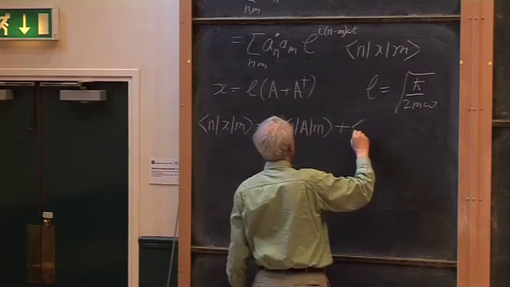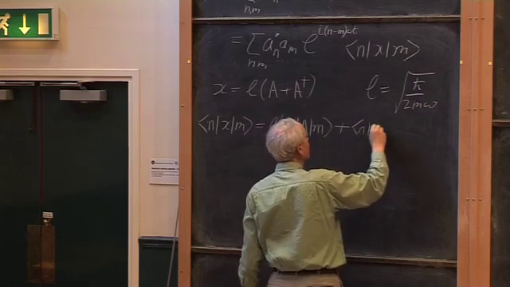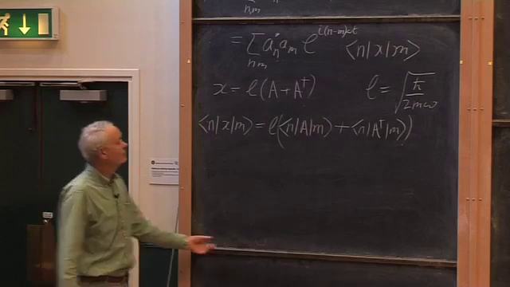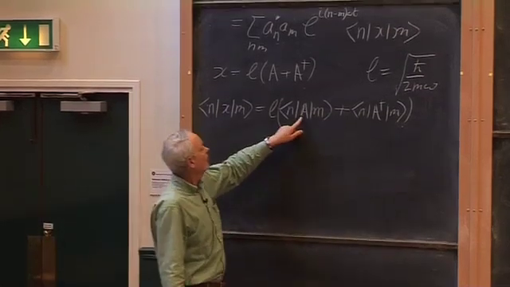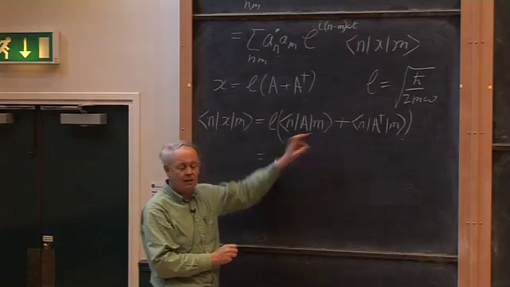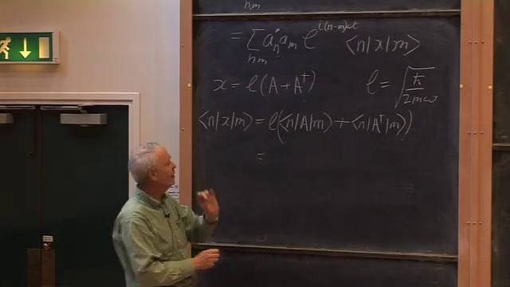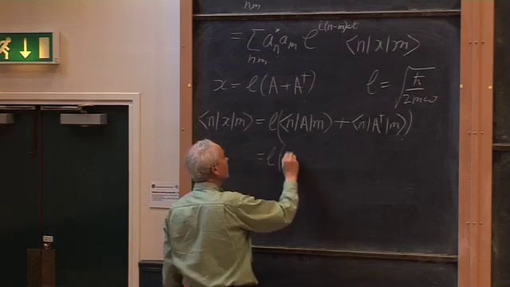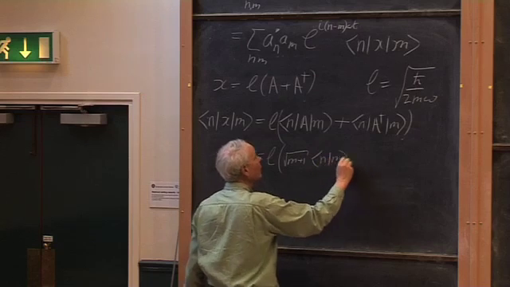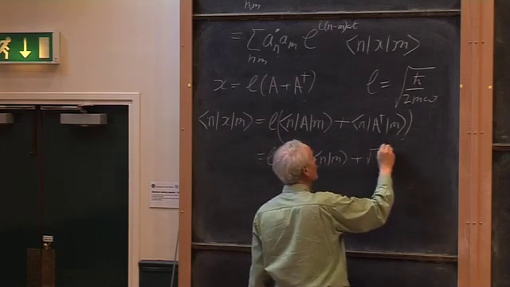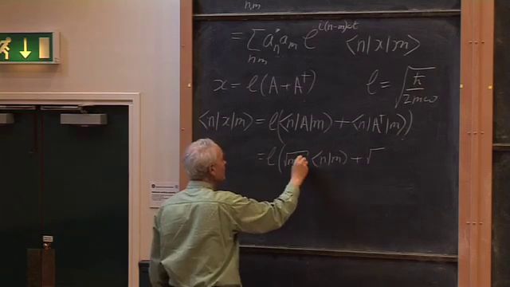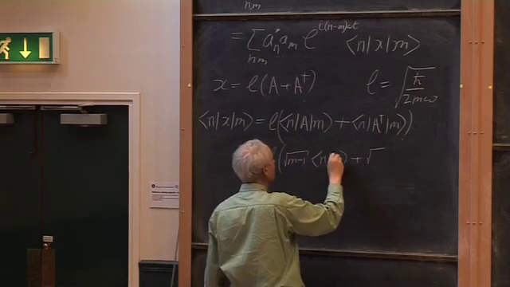So this is going to be L times the bra n, a, ket m, plus the bra n, a dagger, ket m. Right? And remember, a on m produces m minus 1 in an amount, the square root of m. Excuse me, I'm not concentrating at all.